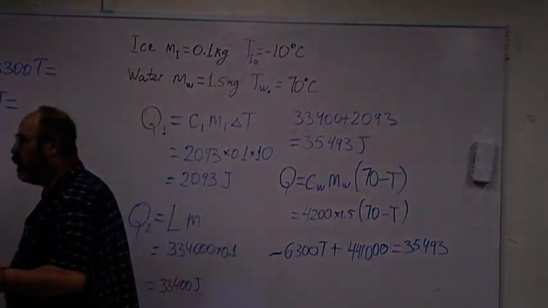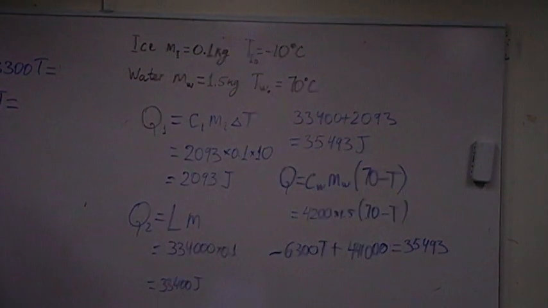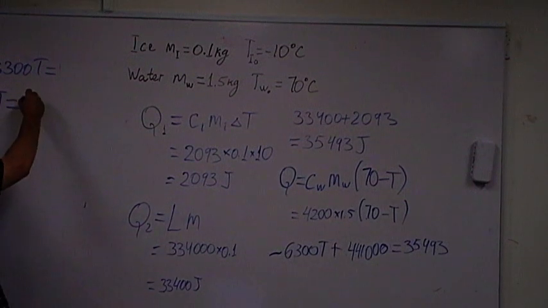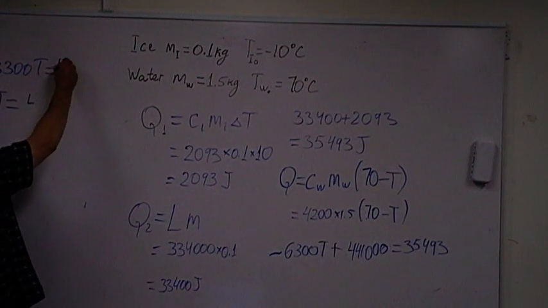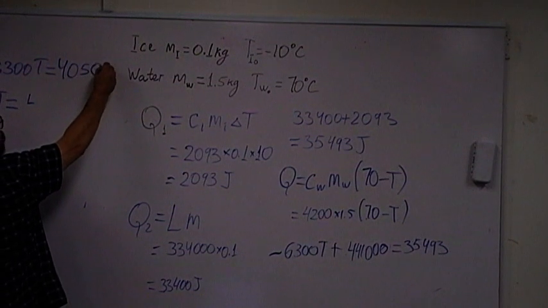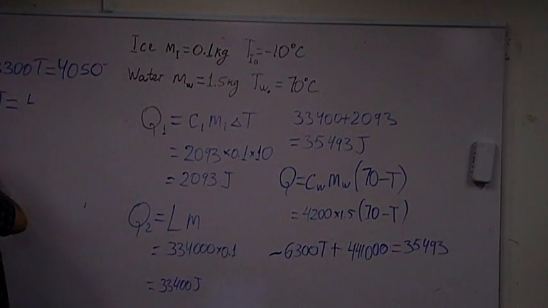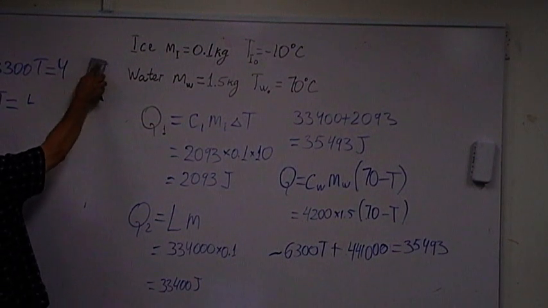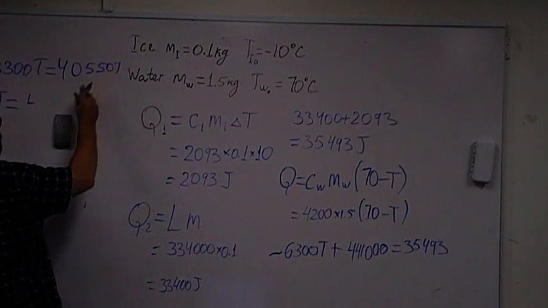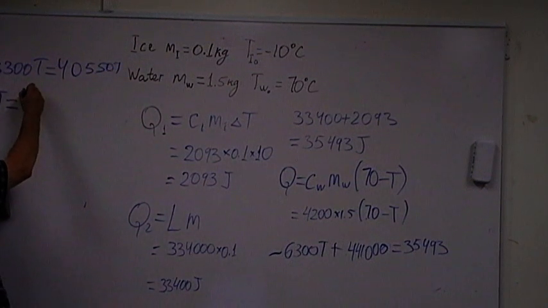So if we subtract, 441,000 minus 35,493 is 405,507. Yes, 405,507.